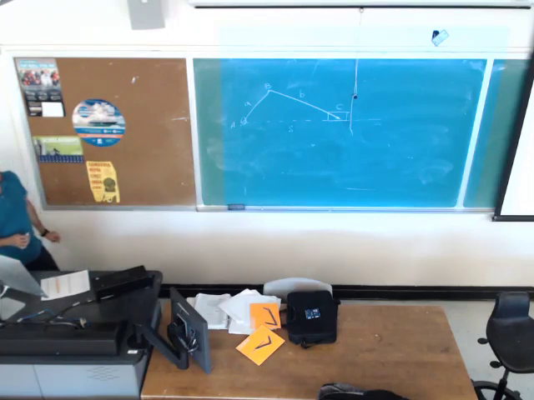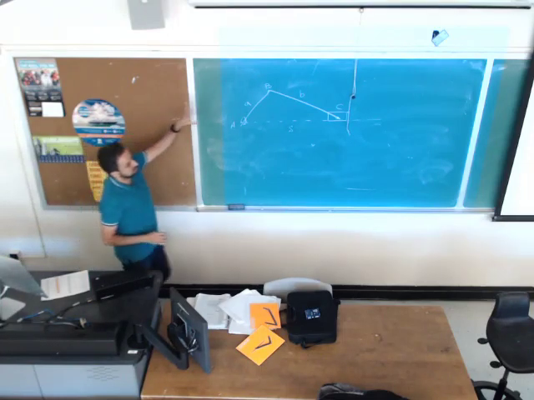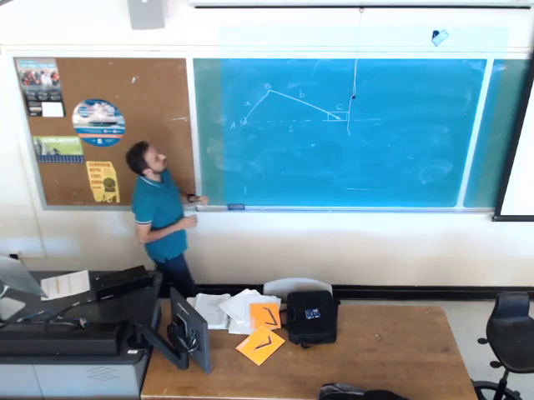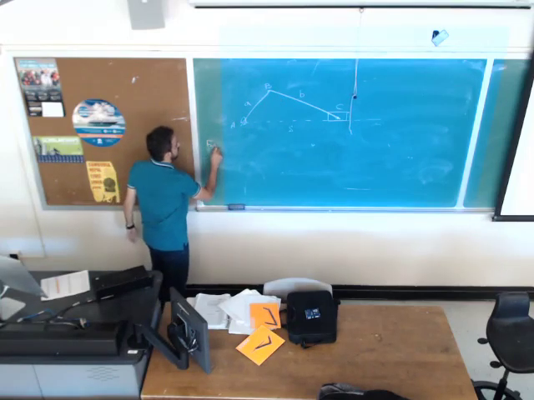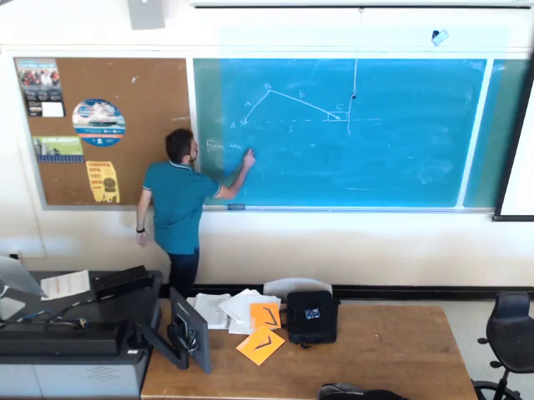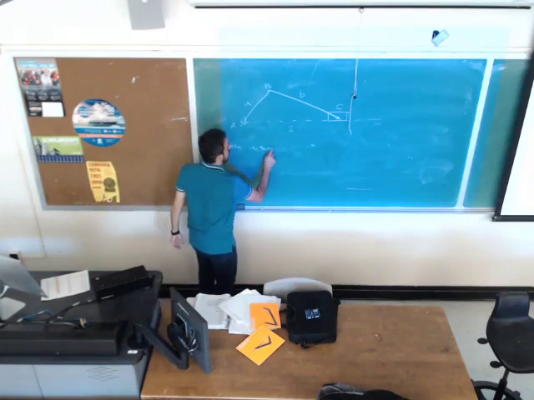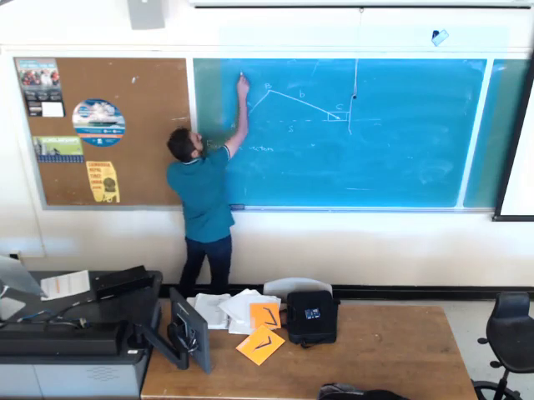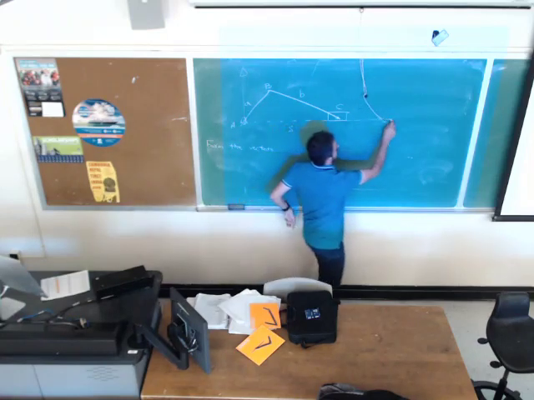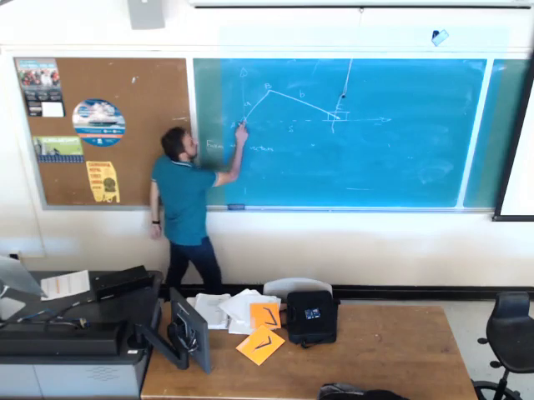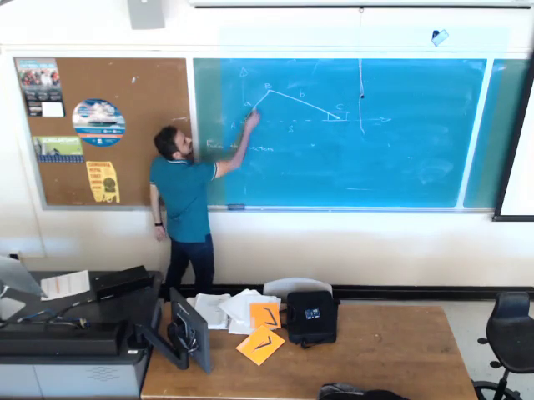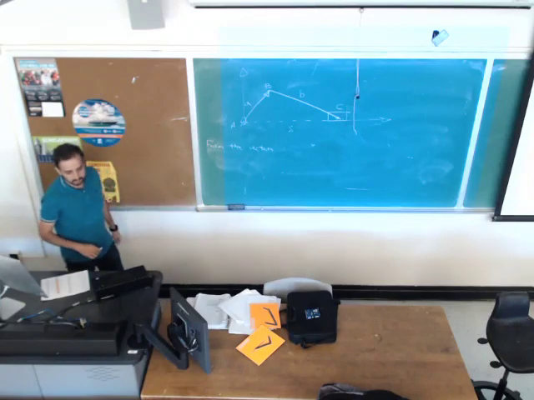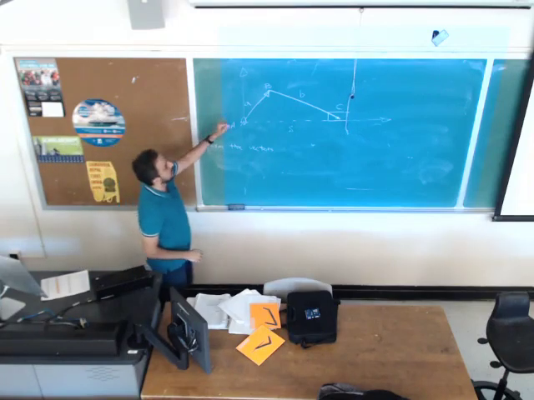So the first thing that you need to do is label and form the vectors. So link AB, if this is the origin, I pick a starting point at point A. Point B is going to be the ending point for vector AB.